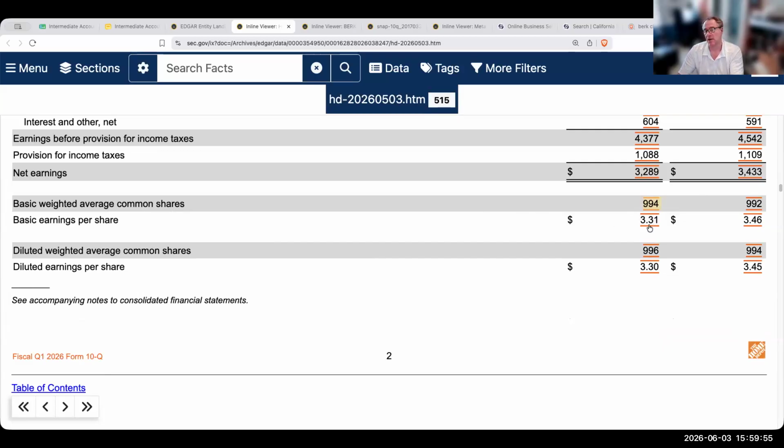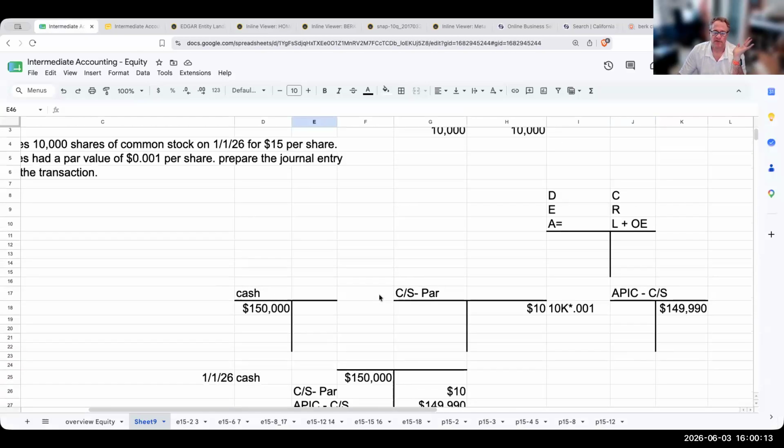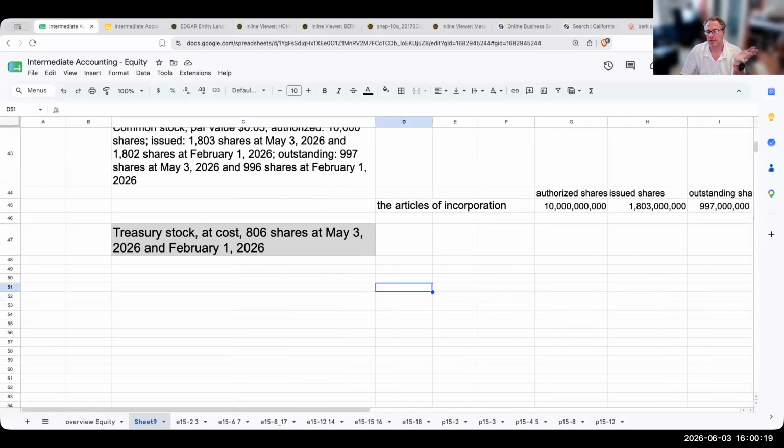So by buying back my own stock, I'm reducing the number of outstanding shares in the net income divided by outstanding shares calculation. That effectively increases my earnings per share. So that's essentially the definitions of authorized, issued, and outstanding.